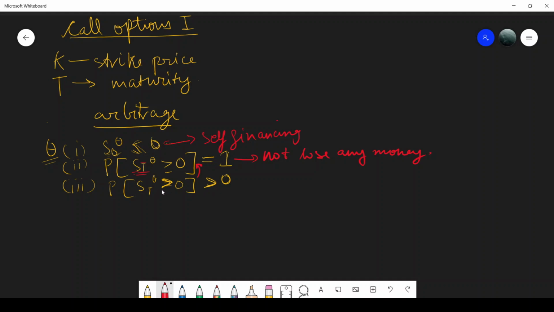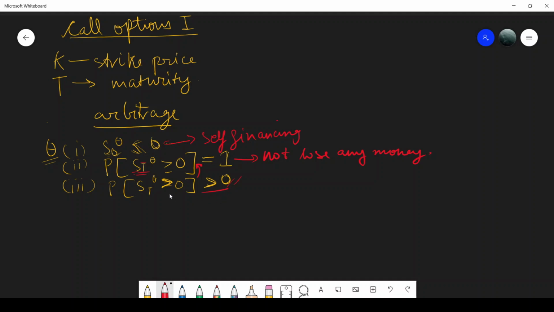The probability of getting a real value on your strategy is greater than zero, so there's a real chance that this will occur. That means you will make some money. Now, the higher this probability, the better it is, because the more money you're making.